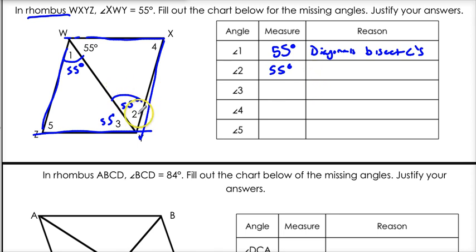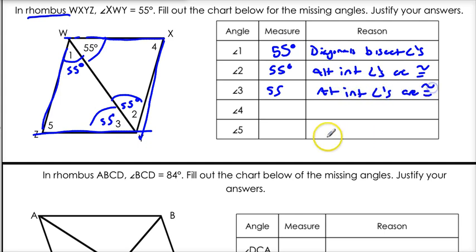So angle 2 is 55 because alternate interior angles are congruent. The same thing could be said about this angle right here. I know over here 55 is congruent to angle 3 over here because alternate interior angles are congruent.